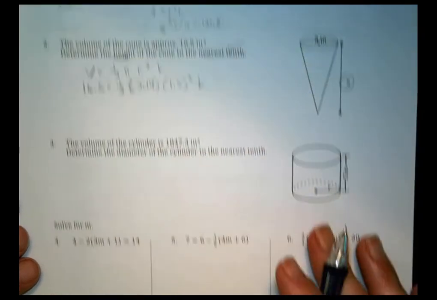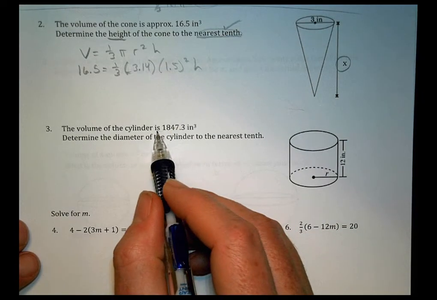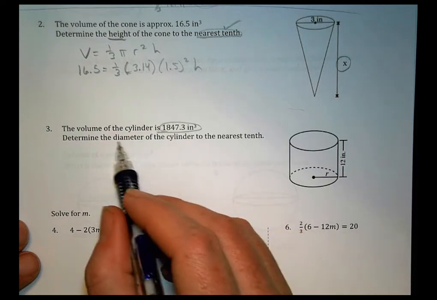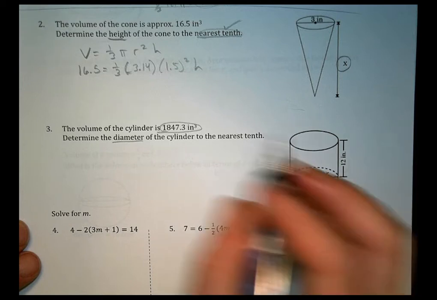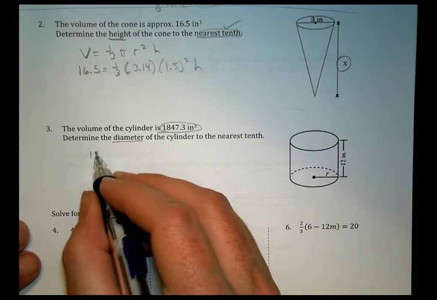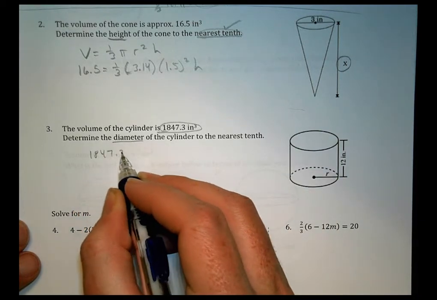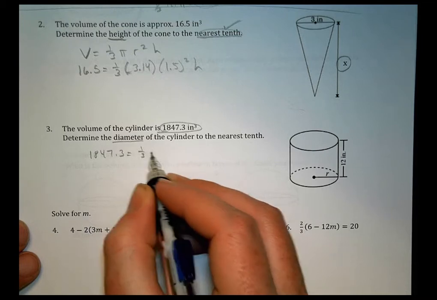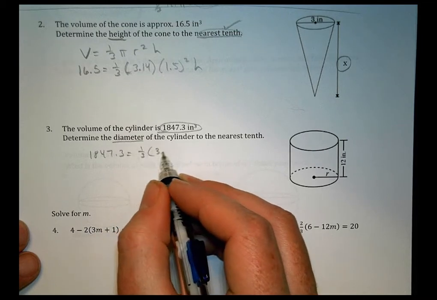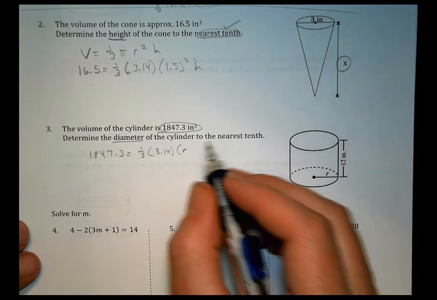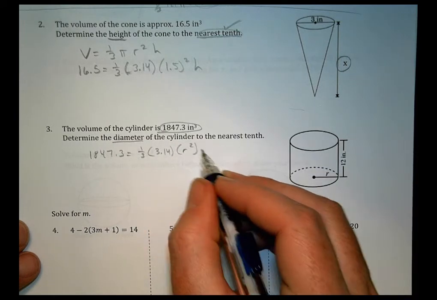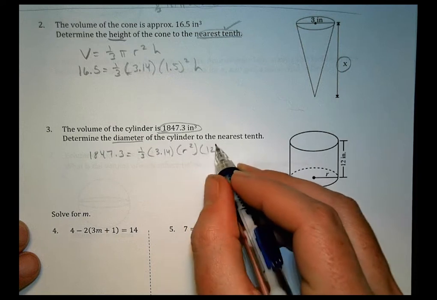Alright, number 3. The volume is that. Determine the diameter of the cylinder, to the nearest tenth. Okay, so let's do one of these. We have 1847.3 equals 1/3 times pi, 3.14 times the radius squared times a height of 12.